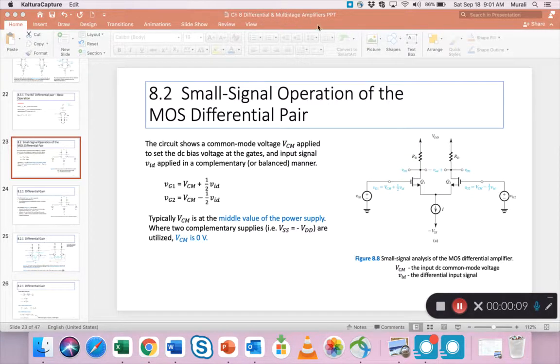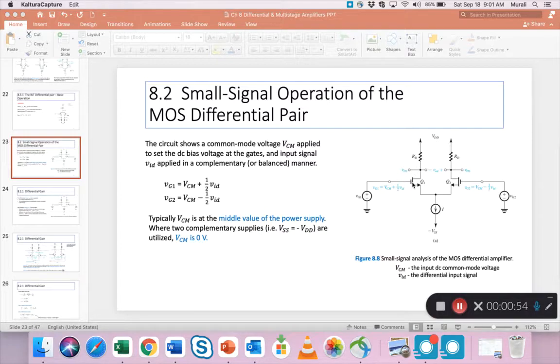Differential and Multistage Amplifiers. We're still in week 7, and in the first part of week 7 we looked at section 8.1, where we were introduced to the idea of a MOS differential pair, a way of connecting two MOS transistors so that they form a pair, and then you can apply the input to both gates in a differential form or in a common mode form.